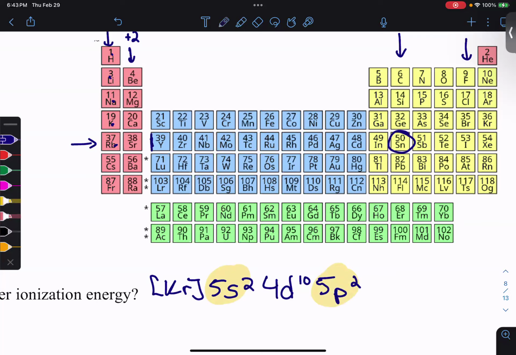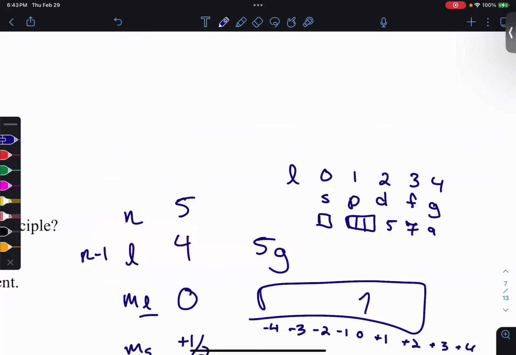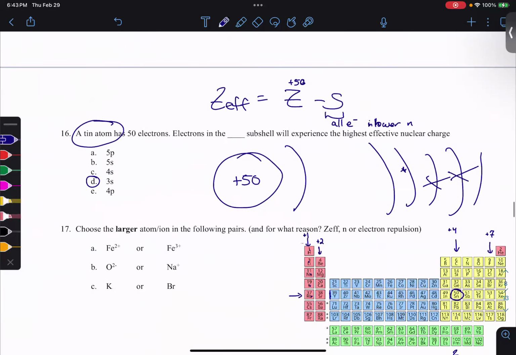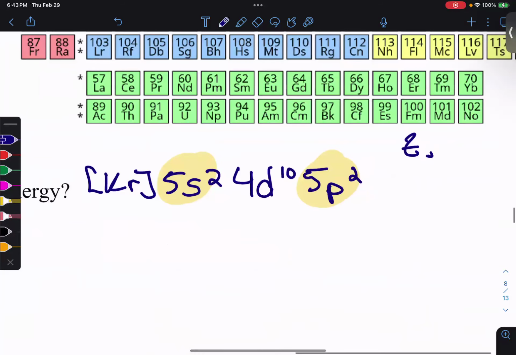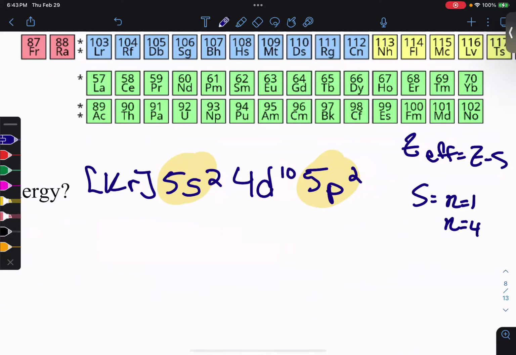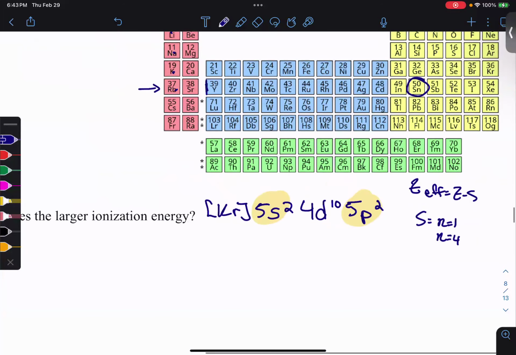So when we calculate Z effective, Z effective is Z minus S. When we calculate S, we want to count all of the electrons in n equals 1 through n equals 4. All of them. So krypton takes care of how many of those electrons? 36.